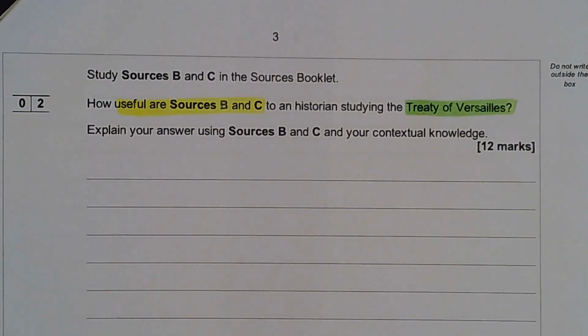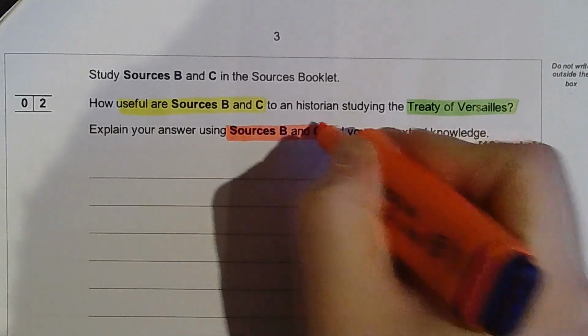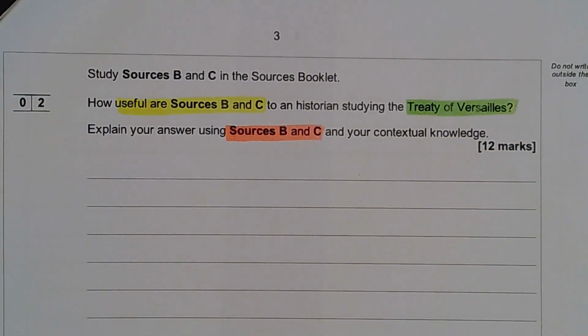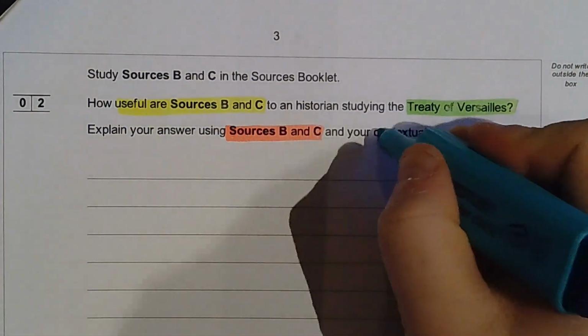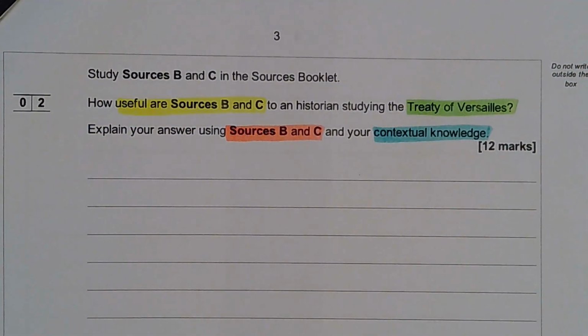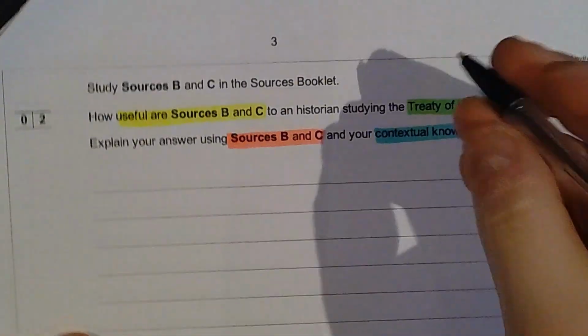Well, there absolutely is. And it tells me here to explain my answer using sources B and C. So I know I have to use sources B and C. And I also have to use contextual knowledge, which is my own knowledge.